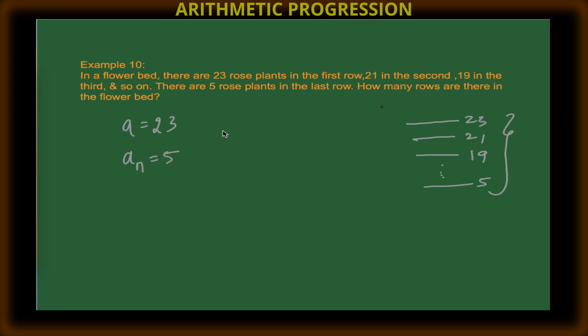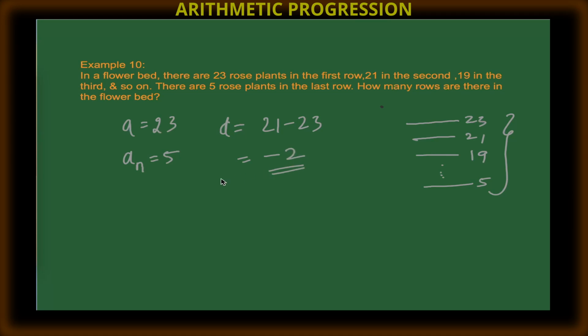So let's try to find the d here. d is 21 minus 23, which is equal to minus 2.